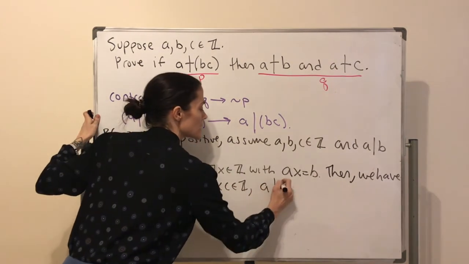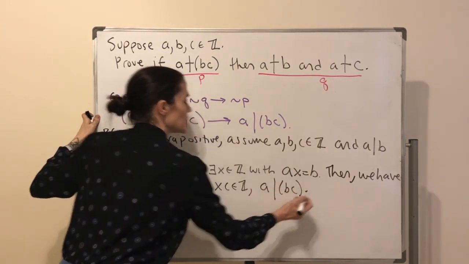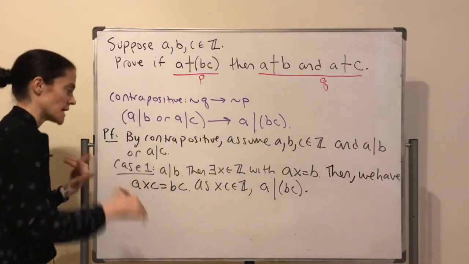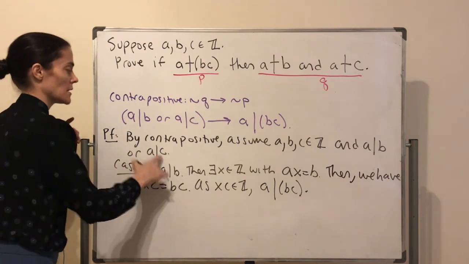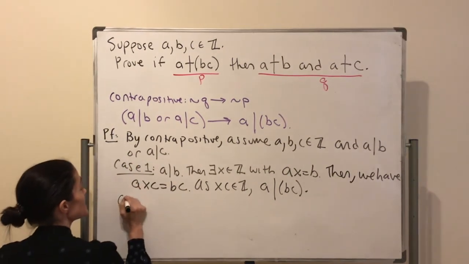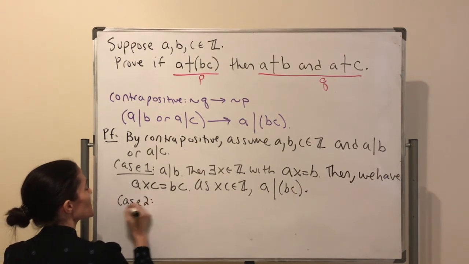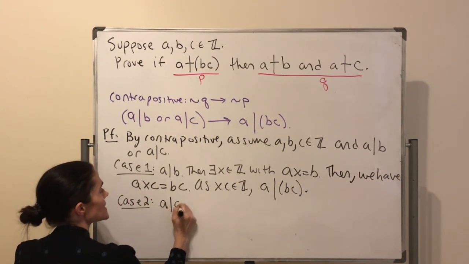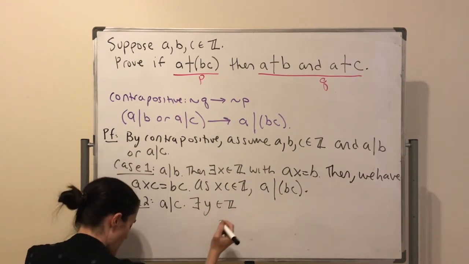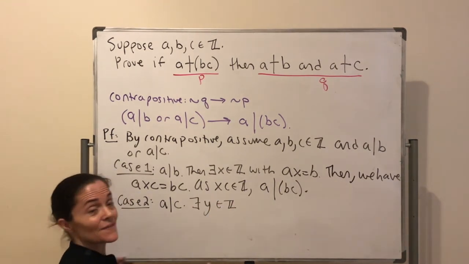A divides the product. Now, the other case is almost the same. We're really just interchanging B and C, but I will still write it out, these two cases. In this example, the two cases are very similar. This says A divides C, and then I can almost run through the exact same argument with A dividing C.